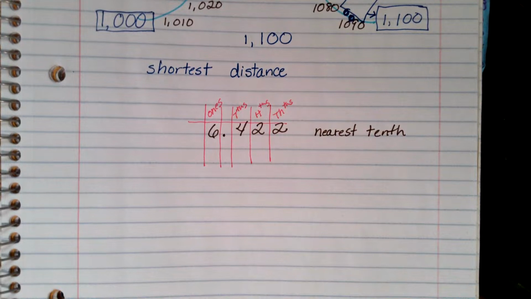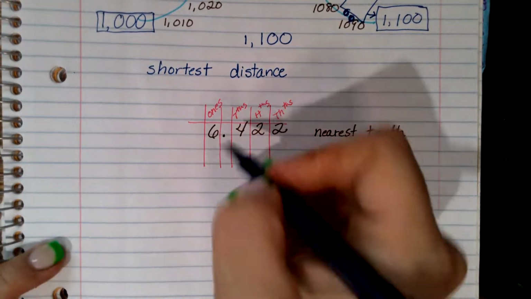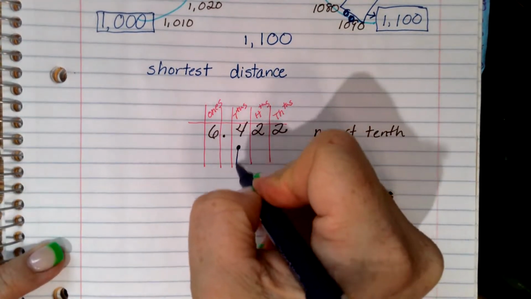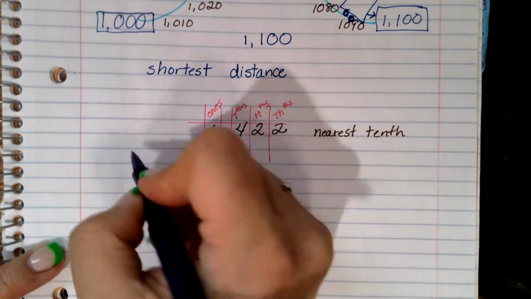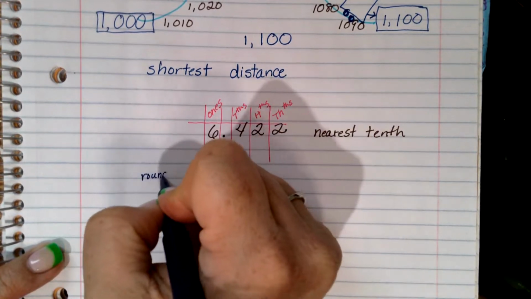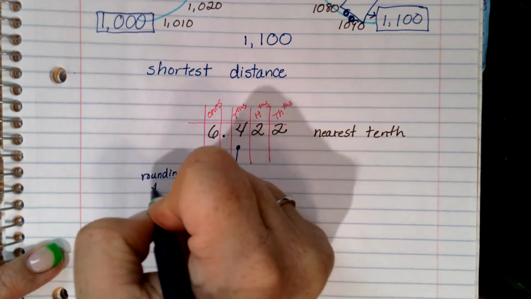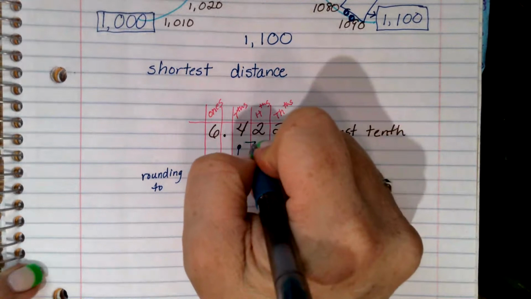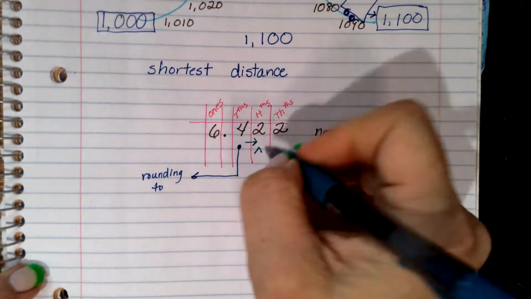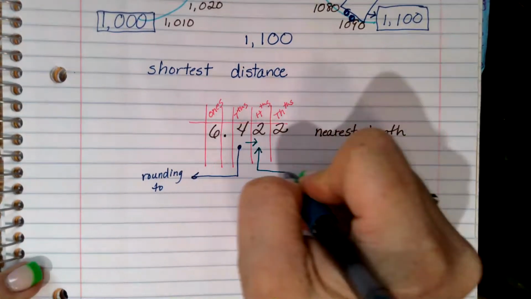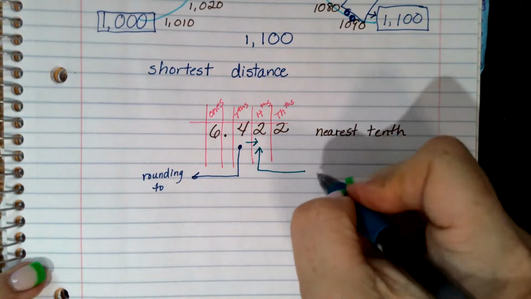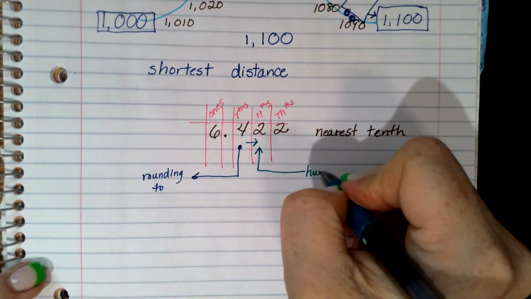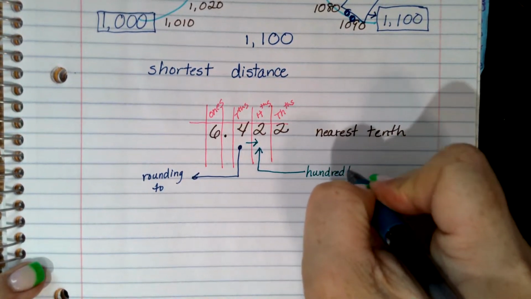We are rounding to the nearest tenth. This is the tenths. This is the place value we are rounding to. What is going to help us make the decision? One place to the right is a 2. It's also in the hundredths place value. So our hundredths are our decision makers.